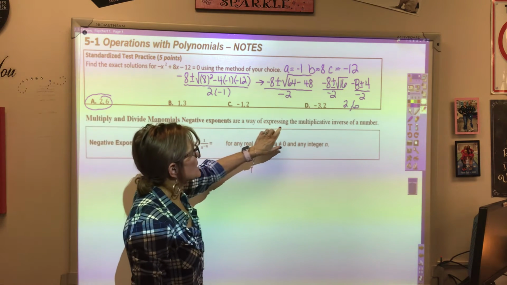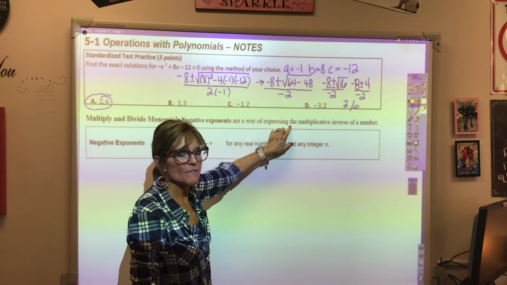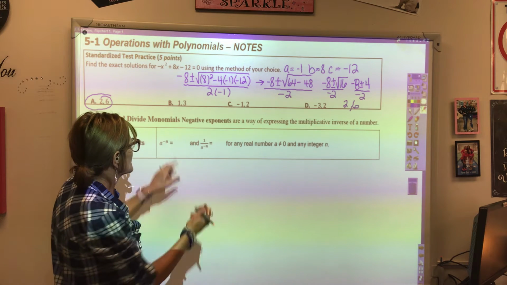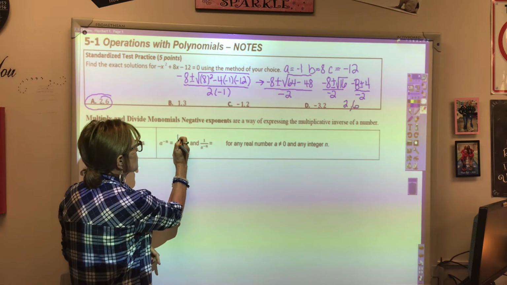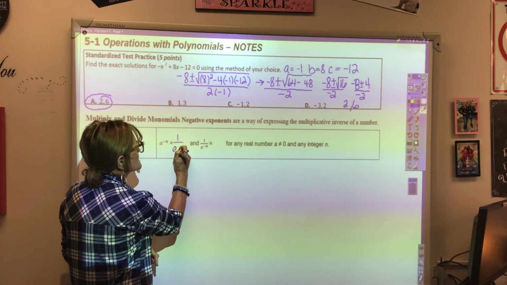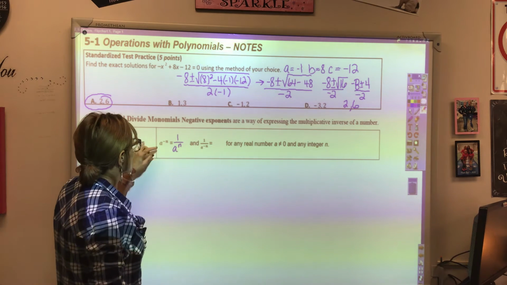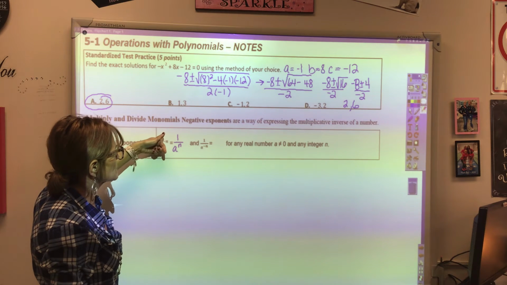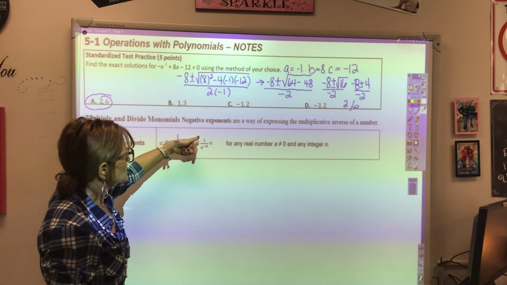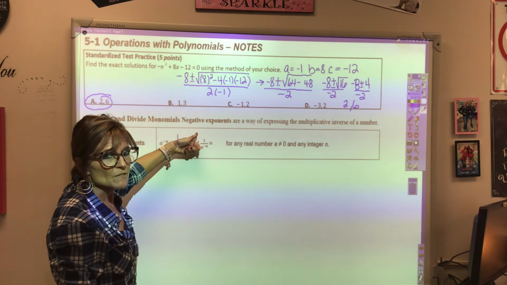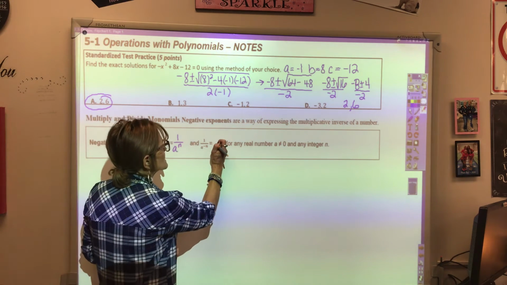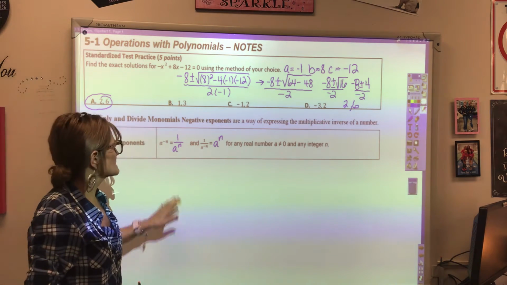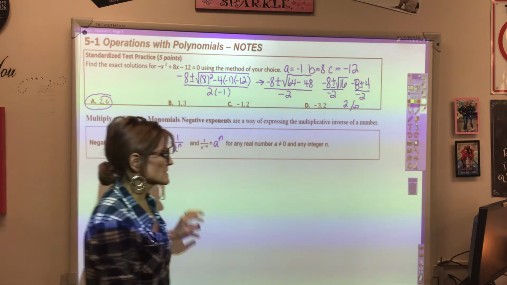What you do is you take the multiplicative inverse of the number, meaning a to the -n is equivalent to 1 over a to the n. Imagine a 1 underneath this and then flip it over. This one you would flip over, have a 1 on the bottom, so we really don't need to write that. This one would be a to the n. So that's how you deal with negative exponents.